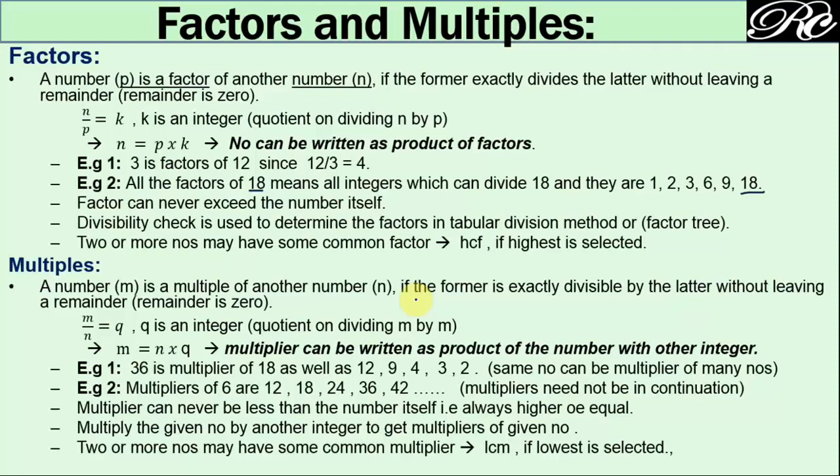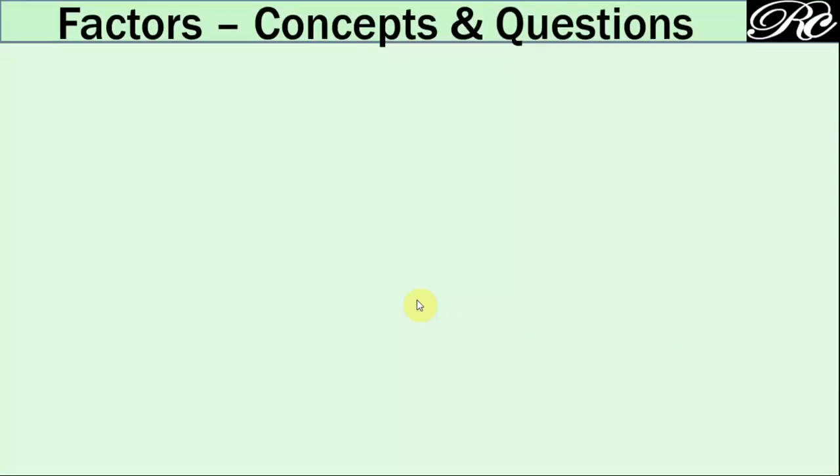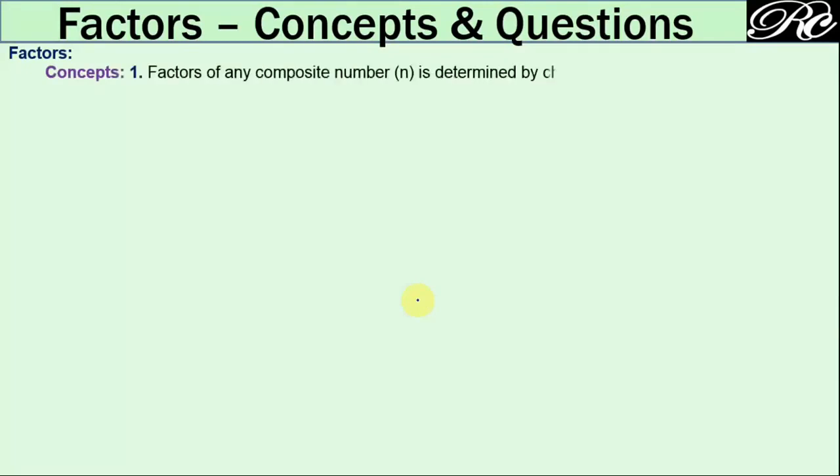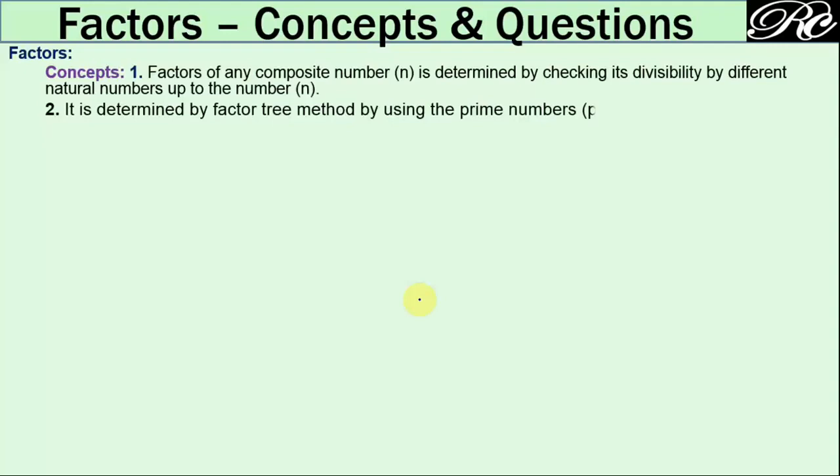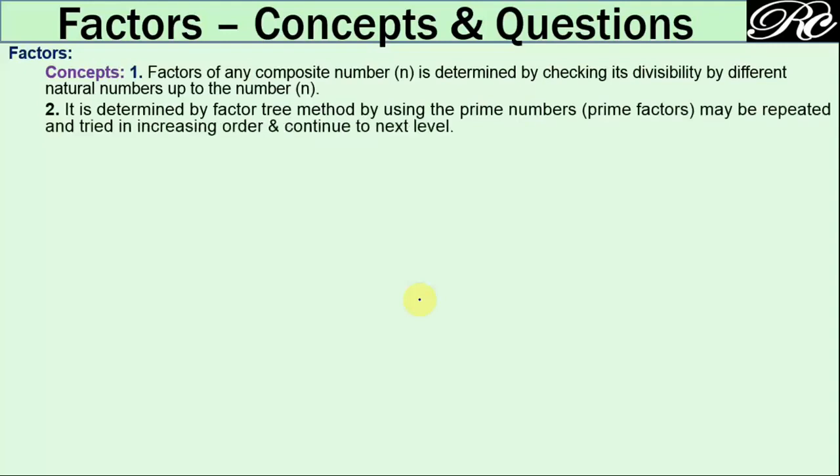Now let us see how to find the factors and multiples for a given number. The factors of any composite number are determined by checking its divisibility by different natural numbers up to that number.